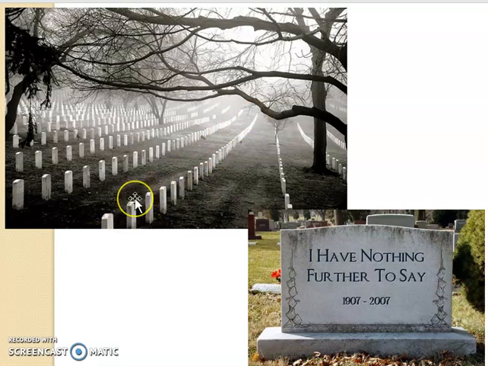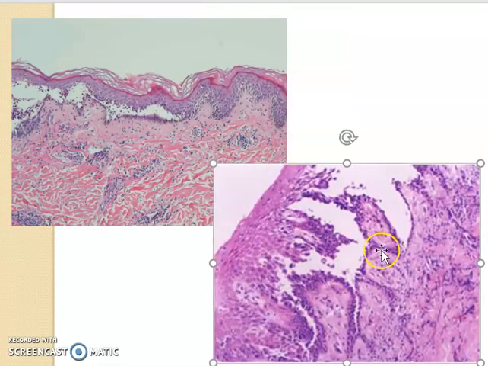Imagine the basal cells arranged like these tombstones, on a very long, linear line. This line refers to this histological appearance here, the basal cell layer. Right, got it. So the keyword for histology of pemphigus is tombstone.